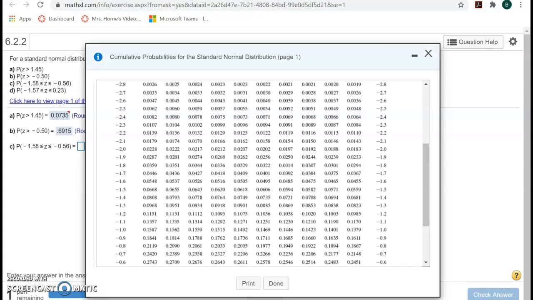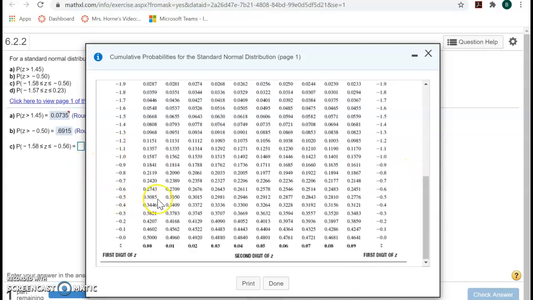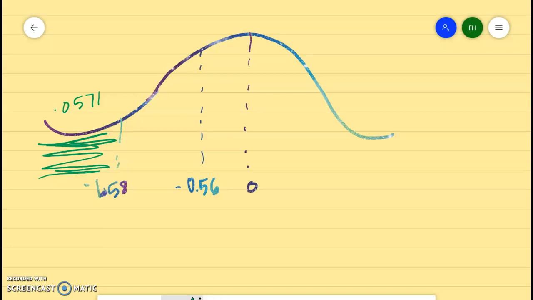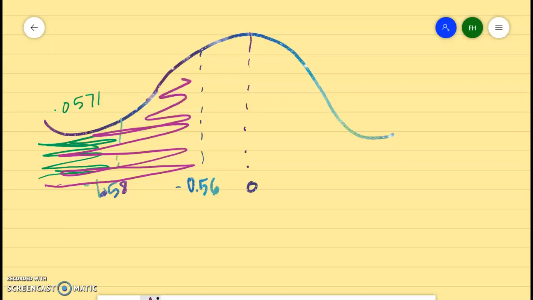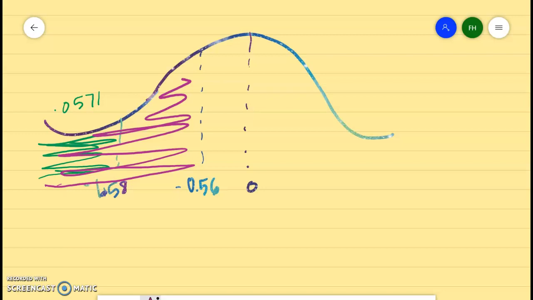Then for negative 0.56, 50, 1, 2, 3, 4, 5, 6: 0.2877. So from here all the way up to this point, negative 0.56, is 0.2877.